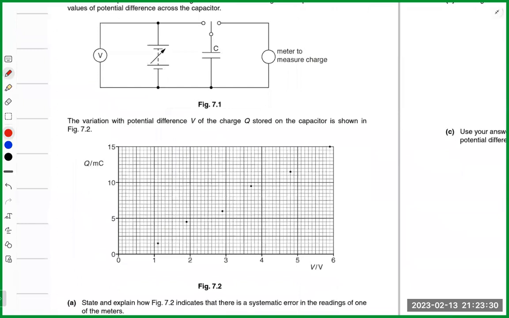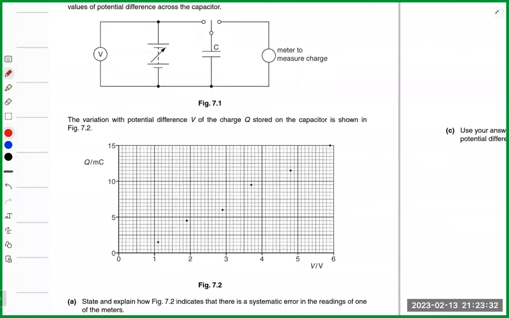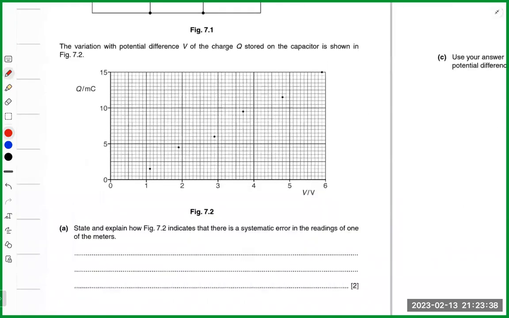Now, potential difference and charge are measured. The potential difference and charge of the capacitor are shown. State and explain how figure 7.2 indicates that there is a systematic error in the reading of one of the meters. On the diagram, what you could do is make a best fit line.